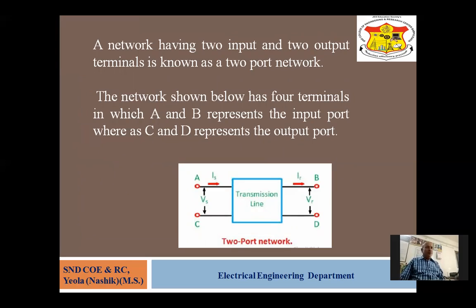A network having two input and two output terminals is known as a two-port network. A network shown below has four terminals, in which A and B represent the input ports, whereas C and D represent the output ports. Here, the two-port network figure is given.